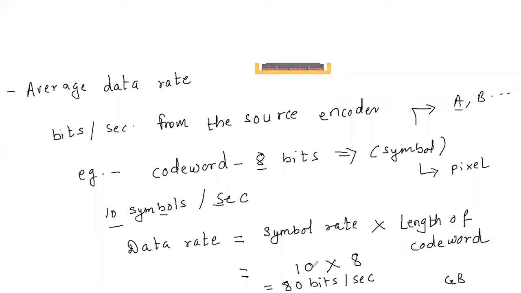Here the symbol rate is 10 symbols per second, and each symbol consists of 8 bits, so the data rate will be 80 bits per second. This is how the data rate is calculated in the area of digital communication.